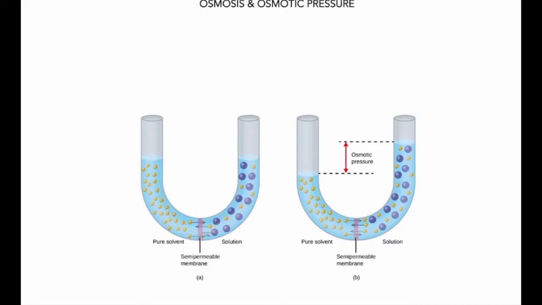And what the membrane does is it's permeable to some molecules. Some molecules that are small can go through it, but molecules that are large cannot. So here we have this membrane that allows solvent molecules through, where we have pure solvent on this side, but it doesn't allow the solute particles back through. Okay. So it's kind of a one-way, or one type of particle is allowed to flow across this membrane.